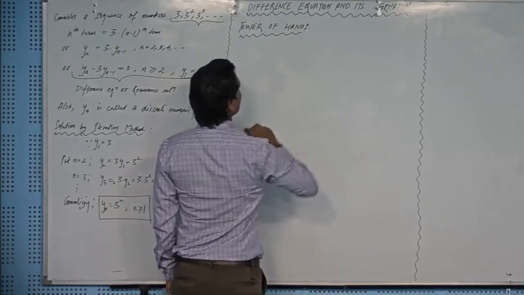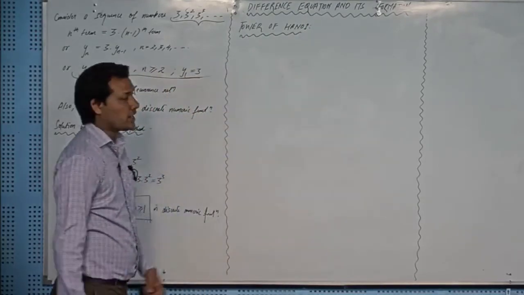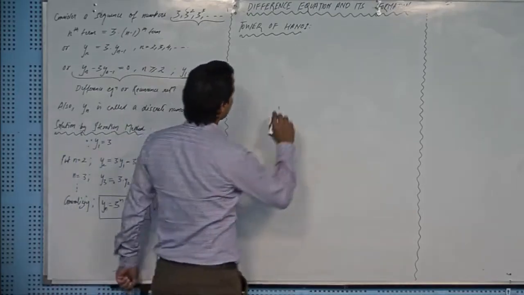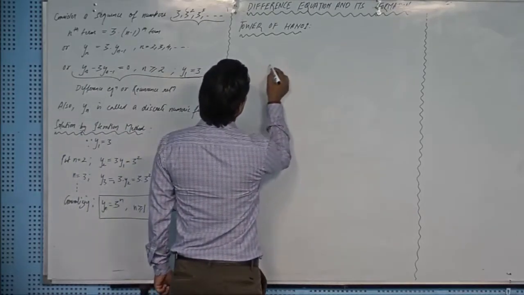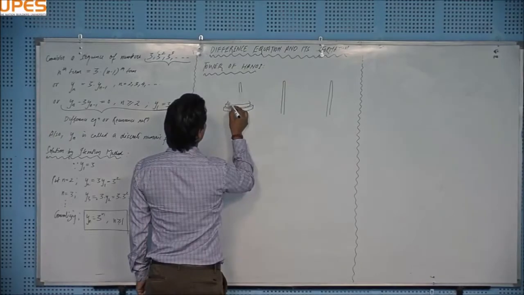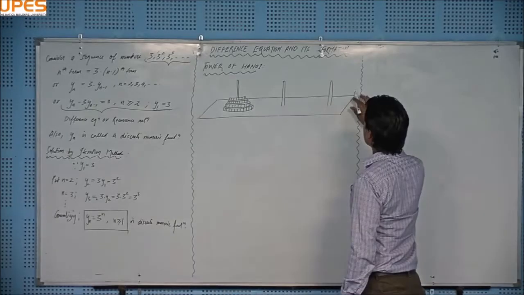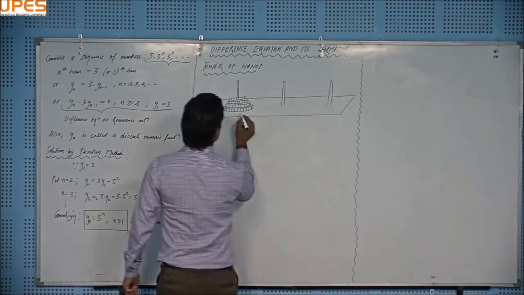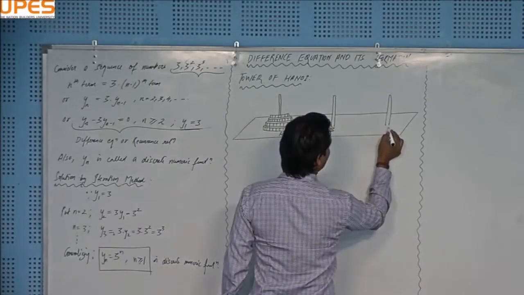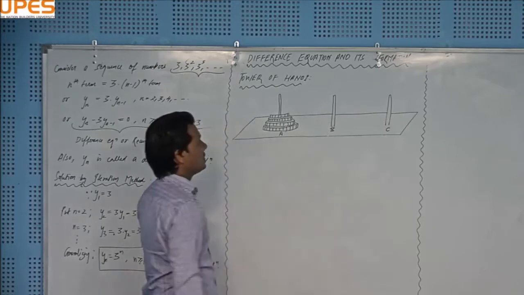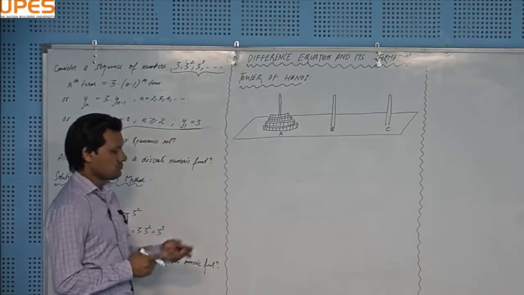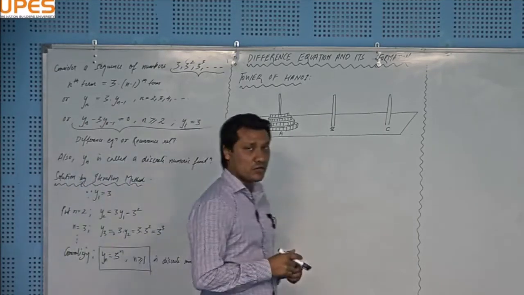In order to visualize that problem, I have to draw the diagram first. Right. So this is a diagram for the Tower of Hanoi problem.